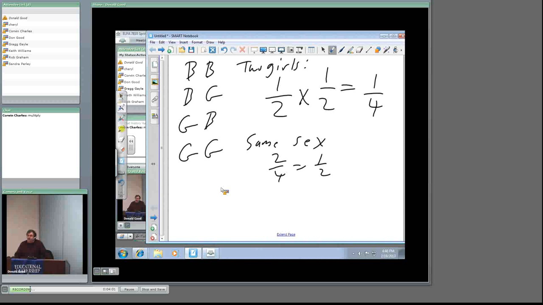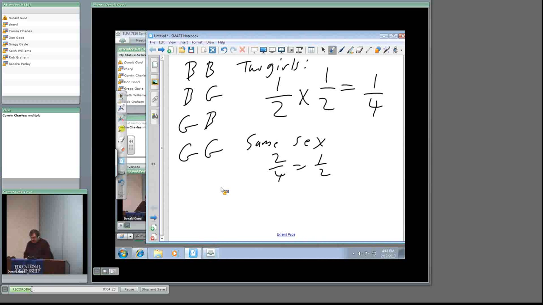Or if the first child's a girl, the second thing would be the probability of getting a girl the second time, which is 1 out of 2. So whatever the first one is, the probability of getting the same one the second is going to be 1/2 either way. The same 1/2 we've got here.